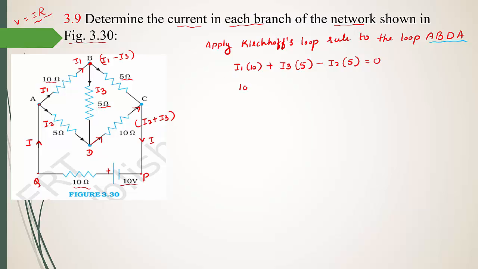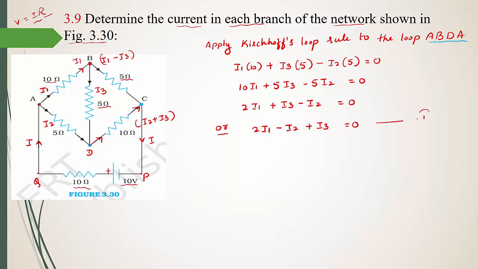Or we can write it as 10 I1 plus 5 I3 minus 5 I2 is equal to 0. Or easily we can divide this equation by 5. So we will get 2 I1 plus I3 minus I2 is equal to 0. Or I am going to rewrite this equation as 2 I1 minus I2 plus I3 is equal to 0. This is for the first loop. Let us take it as equation 1.